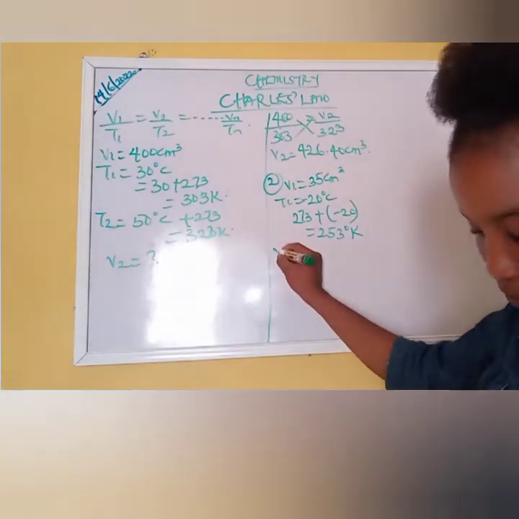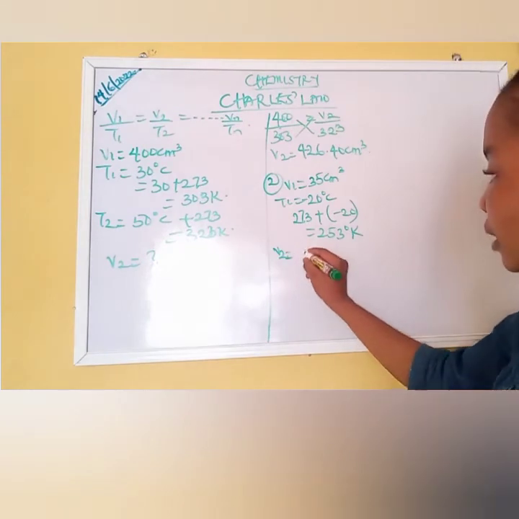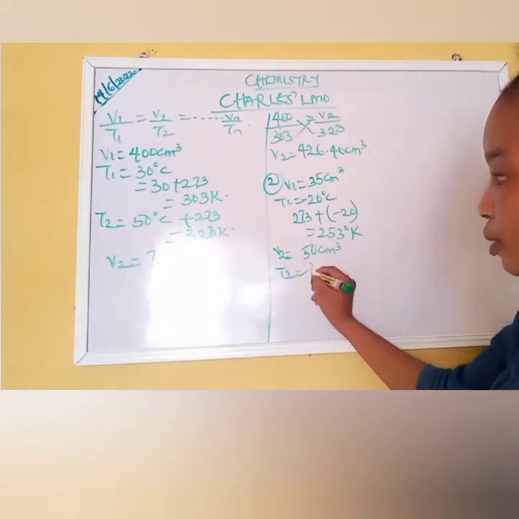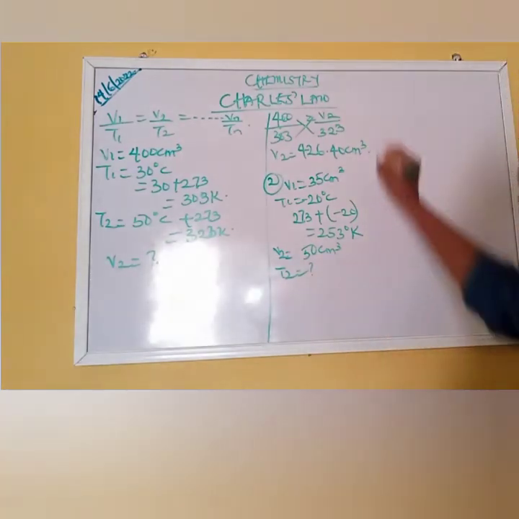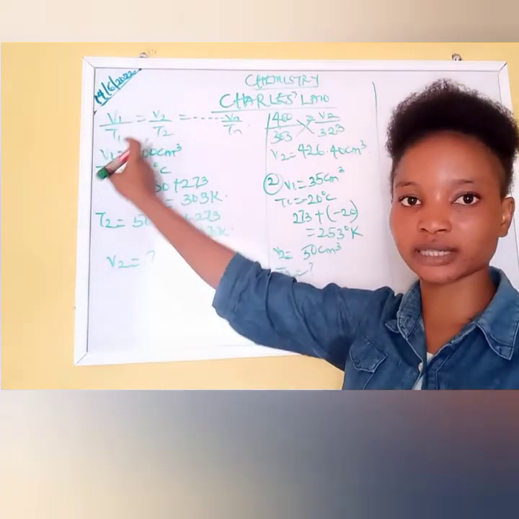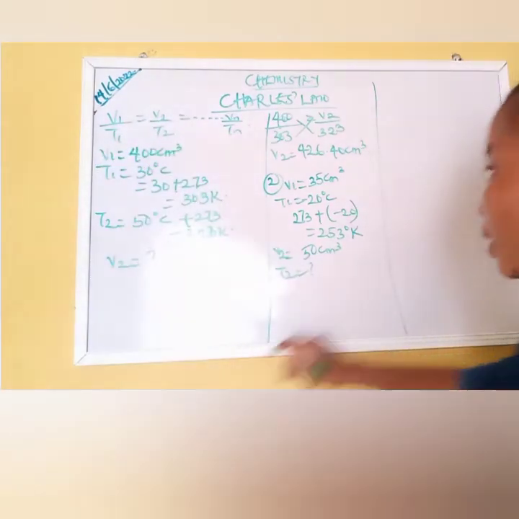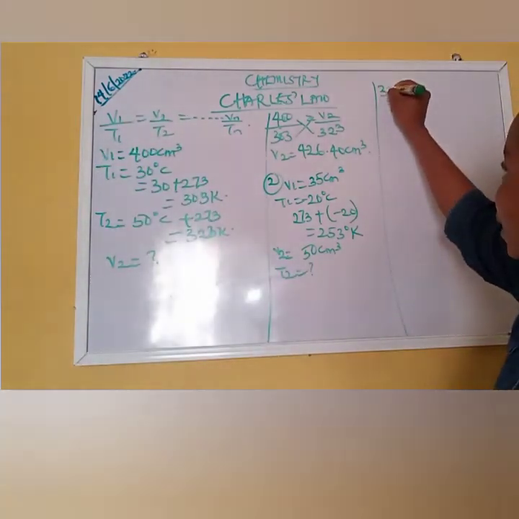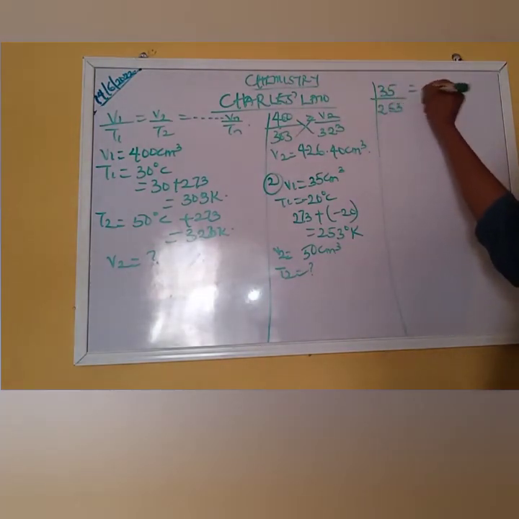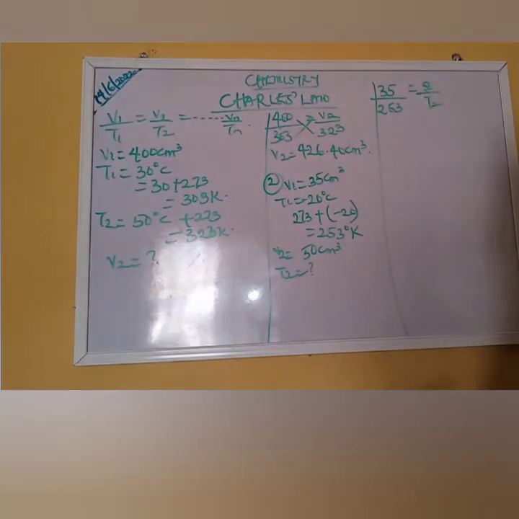My V2 is 50 centimeter cube, while my T2 is unknown. So using this formula, V1 over T1 is equal to V2 over T2, I should therefore have 35 over 253 equals 50 all over T2, because I wasn't given T2.